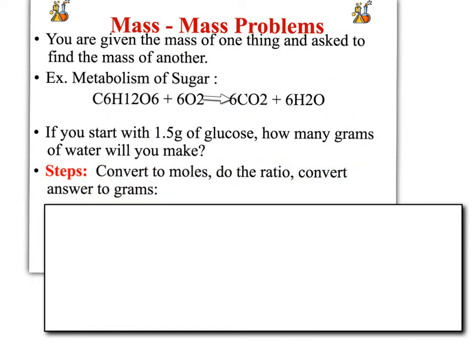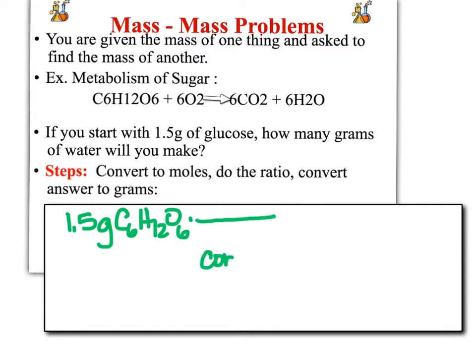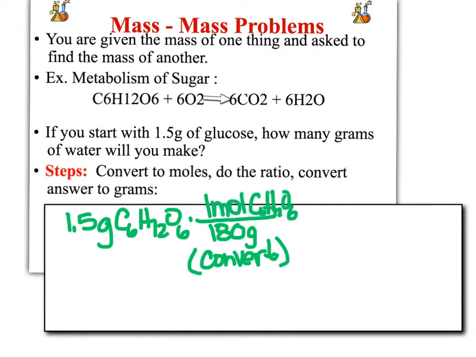All right, so this is how we combine it. So we're going to again start with the one piece of information we were given, which is that we are starting with 1.5 grams of glucose. Now, we just said our first step before we can solve this problem is we need to convert to moles because we can only look at the relationship in moles. So to convert glucose to moles, I had said that you go to the periodic table and glucose weighs 180 grams, and so 1 mole of glucose would weigh 180 grams.